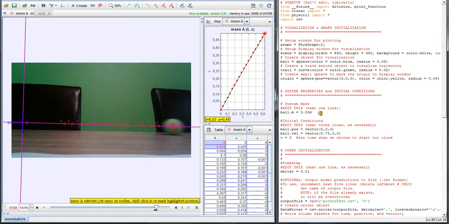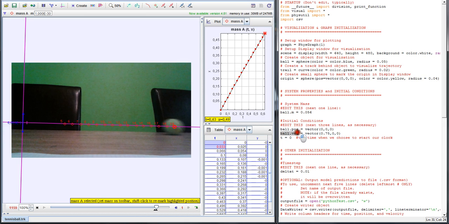For the program, we had to insert some values and create a code. The mass of the ball is 0.056 kilograms, SI units. The initial position of the ball in vectorial component form is 0 along the x, 0 along the y, 0 along the z-axis.